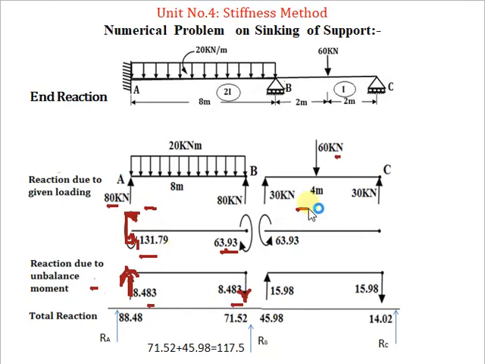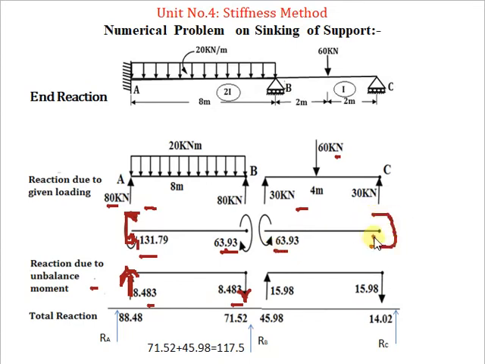Now let's look toward the second span BC. At B end there is an anticlockwise moment 63.93 and at the far end there is no moment. So it creates an unbalanced situation. So to overcome that, the member will create a couple in the opposite direction.